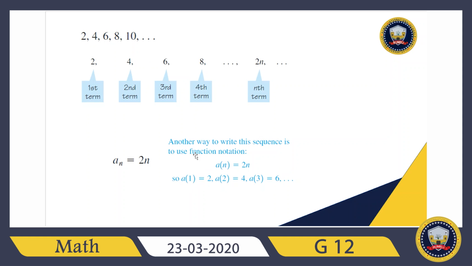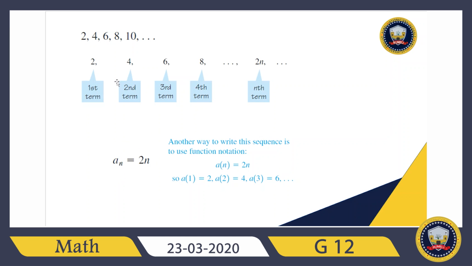So we can use the function notation and say a of n equals 2n, or the index notation, a with index n equals 2n. This 2, the first term of this sequence, is a of 1 equals 2, a of 2 equals 4, a of 3 equals 6, and so on. Again, this is the most important term of this sequence. In general, we can say an equals, in this case, 2n.